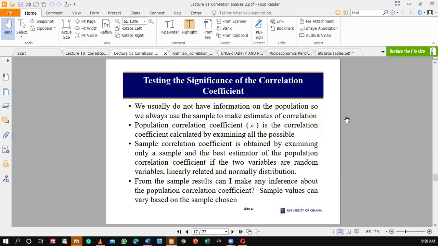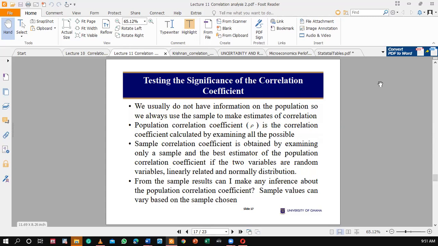In other words, based on the correlation that we are getting between the two variables in the sample data, can we say that there is also going to be a correlation between the population data for the two variables? So we'll have to test for the significance of the correlation coefficient.